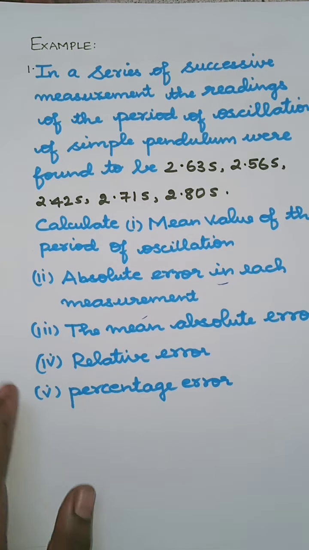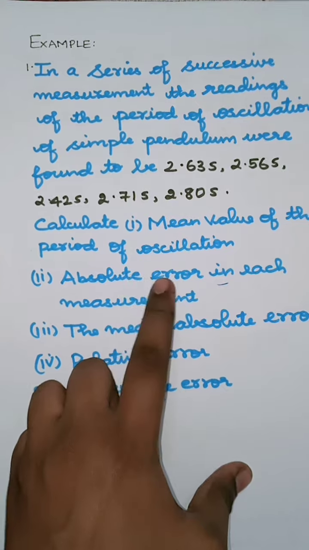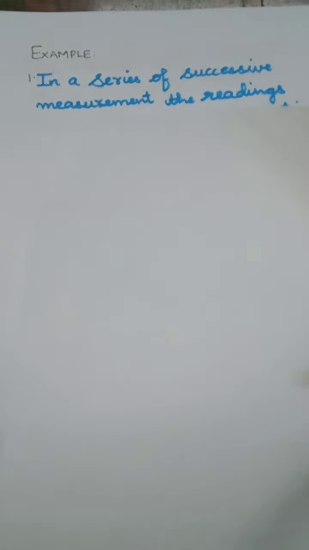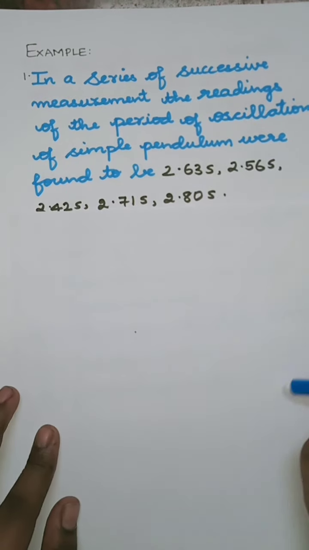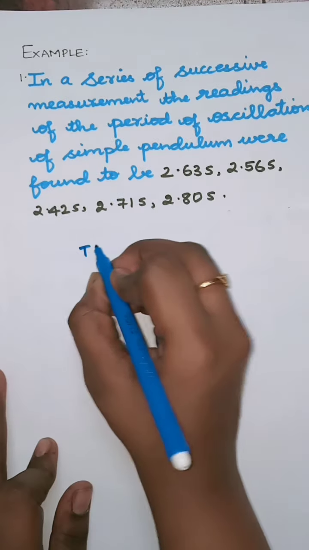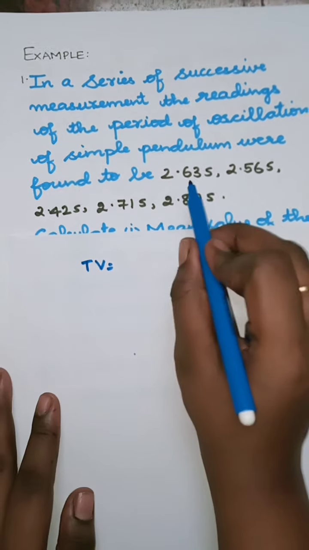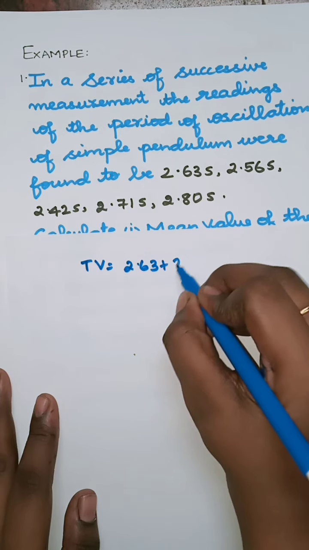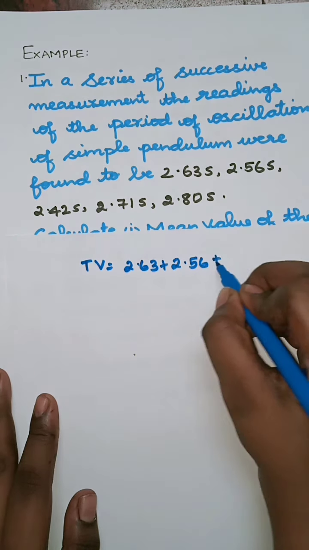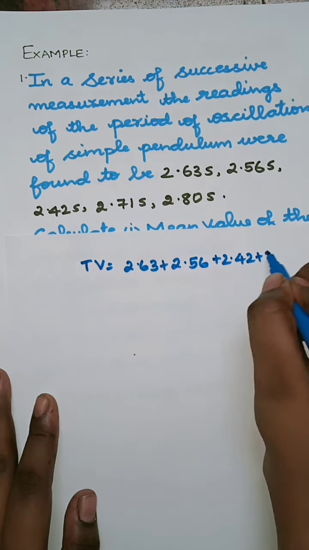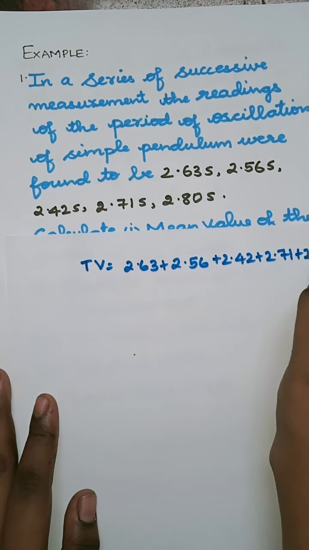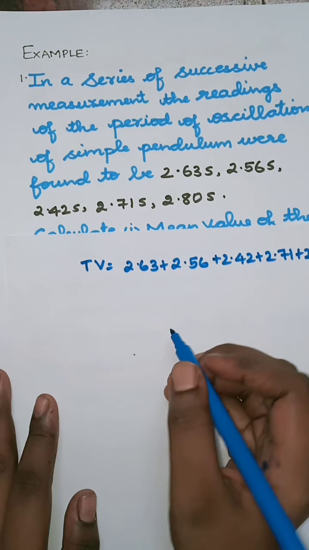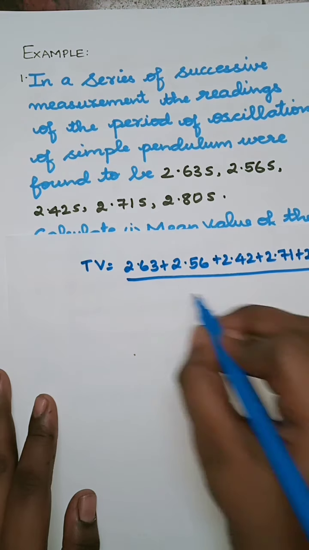So first they have asked us to calculate the mean value of oscillations. Mean value is nothing but the true value. How will we calculate the true value? Just add all the values: 2.63 plus 2.56 plus 2.42 plus 2.71 plus 2.80, divided by the number of values present.